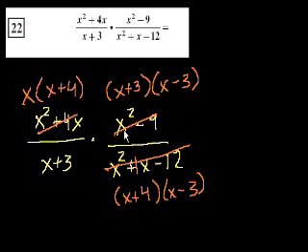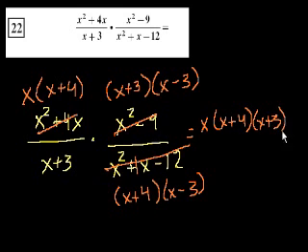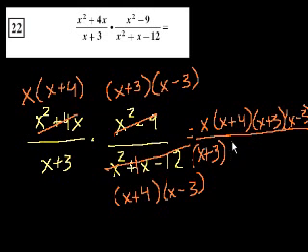Normally I would just start canceling, but I want to make the point home that this is equal to x times (x plus 4) times (x plus 3) times (x minus 3), all of that over (x plus 3) times (x plus 4) times (x minus 3).